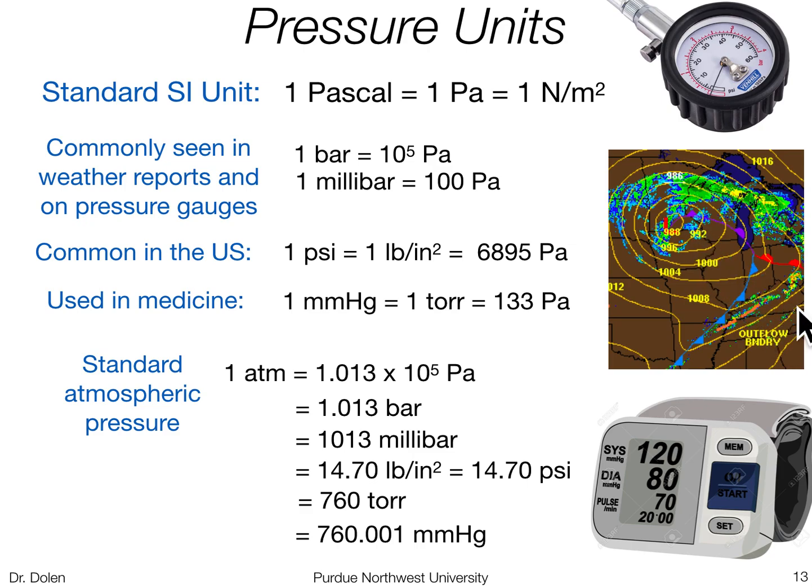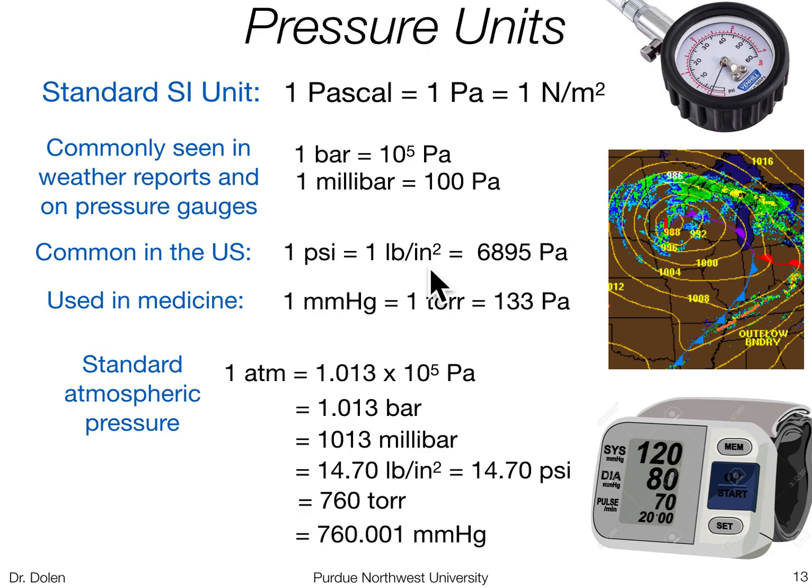In the field of meteorology, people also often use things like millibar or bar, right? So a bar is 10^5 pascals, a millibar is 100 pascals. Right, so that field tends to use different units, okay? And so you can convert between bar and millibar and pascals using these conversion factors. In the US, it's really common to use PSI, right?